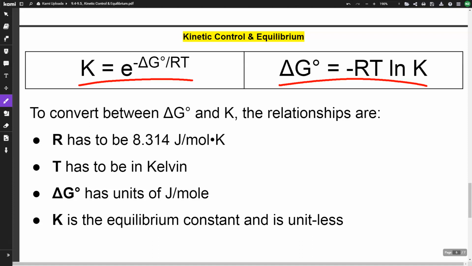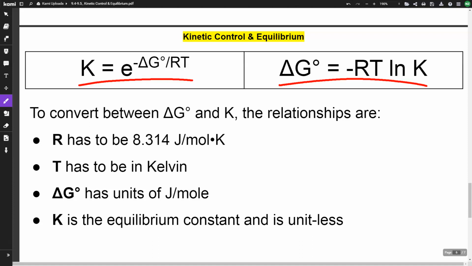Our temperature has to be in Kelvin. Our delta G has to be in units of joules over moles. And then our K value is going to be unitless. That's our equilibrium constant.